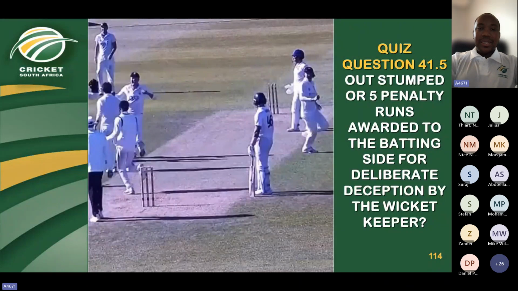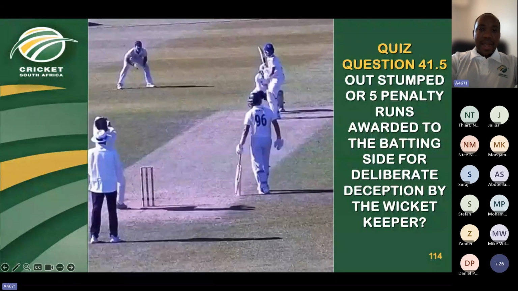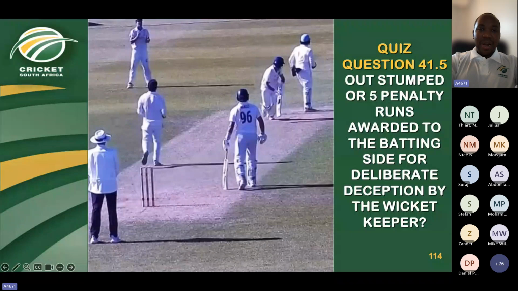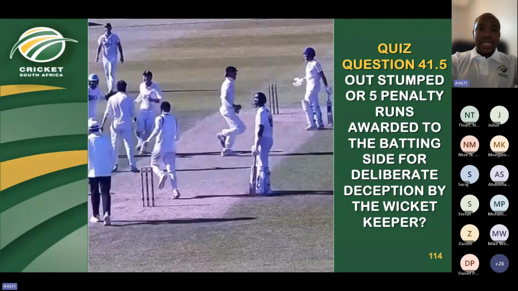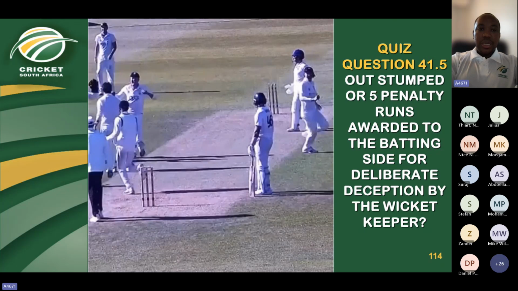The striker, seeing the wicketkeeper turning around and looking to see where the ball is, thinks that the ball has gone past the wicketkeeper, leaves his crease in attempting a run, and there the wicketkeeper, once the striker has left his crease, takes off the bails with the striker outside of his popping crease. There's an appeal for a stumping.